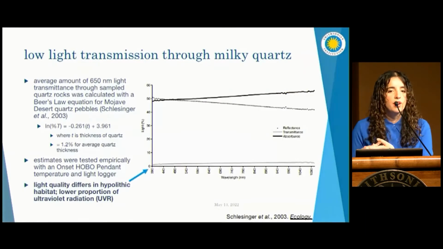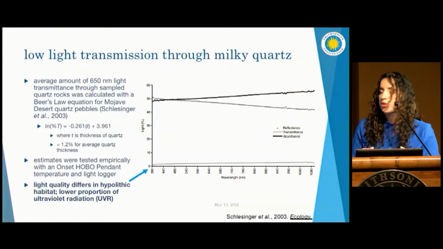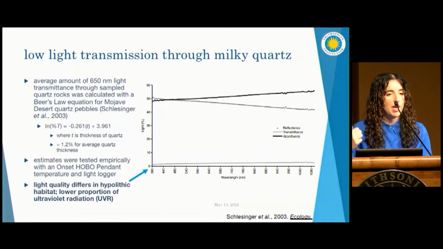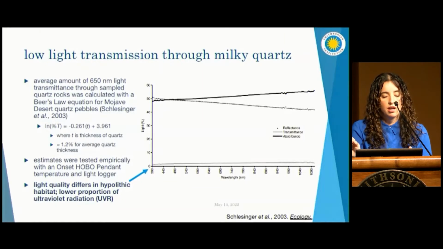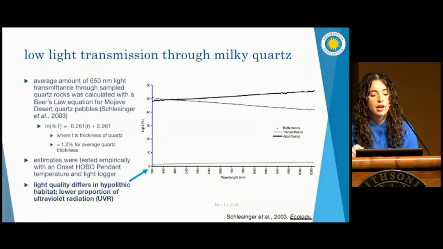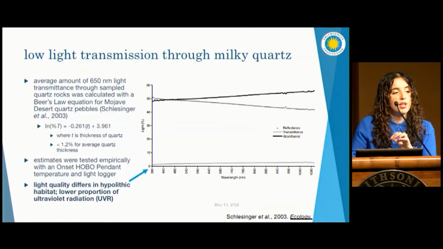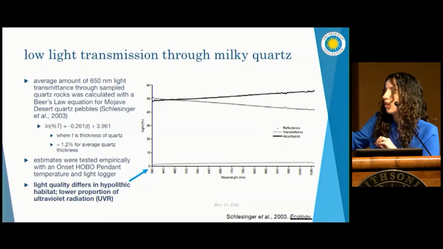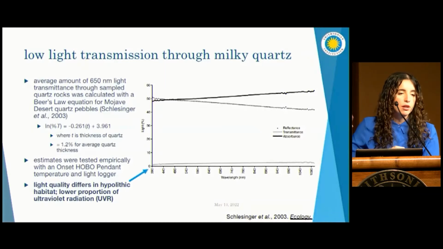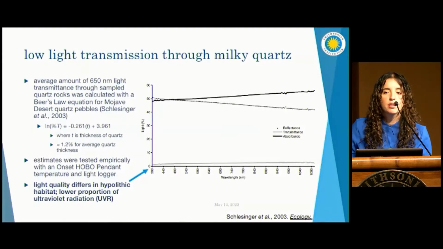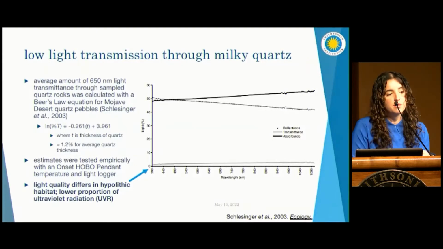But there's another element to this that I thought was really intriguing. This is from that geology paper, and the gray line on the bottom is light transmittance, with the wavelength of light there. It's slight, but you can see there's an incline in that gray line. And what that says is that bigger wavelengths pass through the quartz rock more easily than smaller ones.